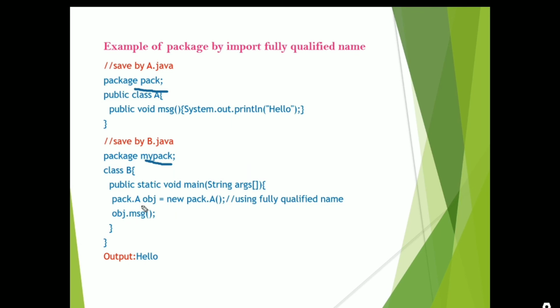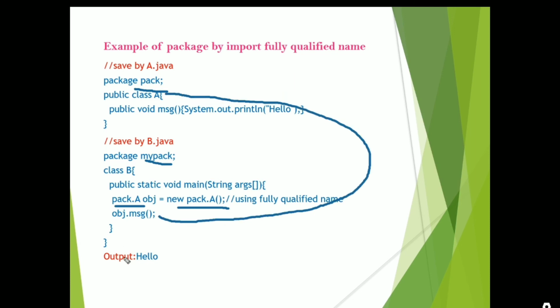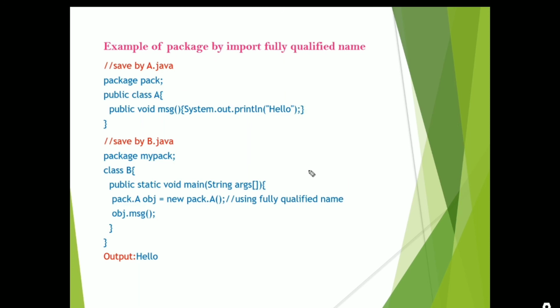Directly you can use pack.A, which means we are creating the object of the class A which belongs to the package pack. Like this we can use the fully qualified name when creating the object. And obj.message invokes the message method which belongs to the class A. It displays the print statement, that is hello, and the output is displayed like this. This is the third method used to access the classes which belong to another package.